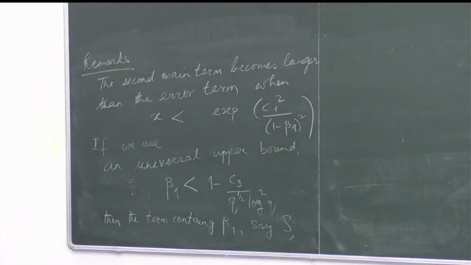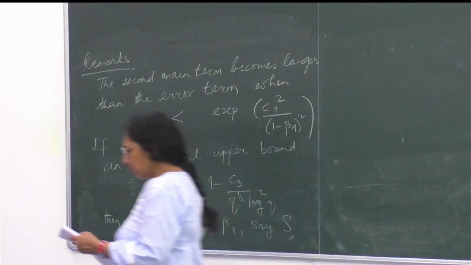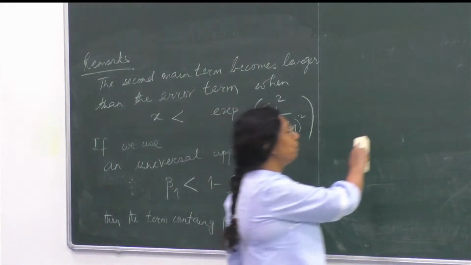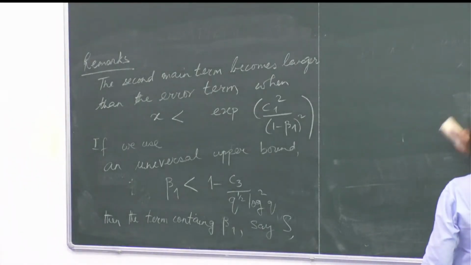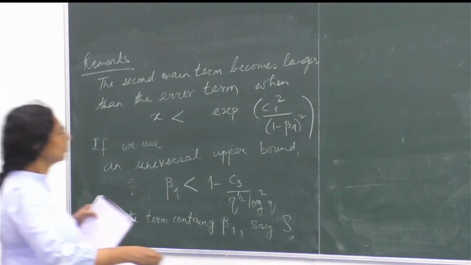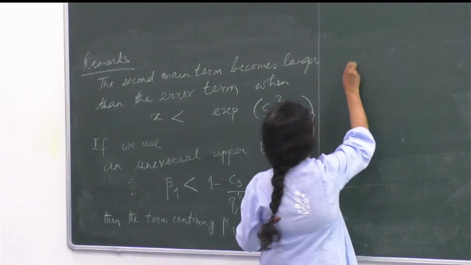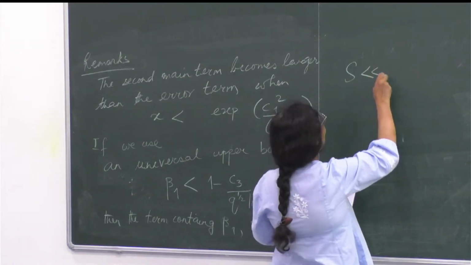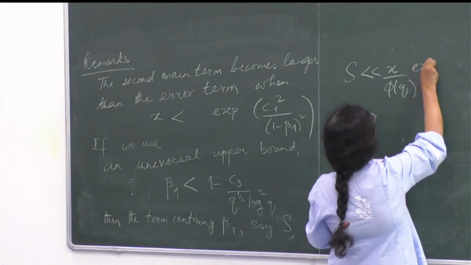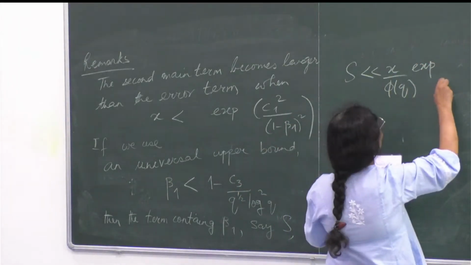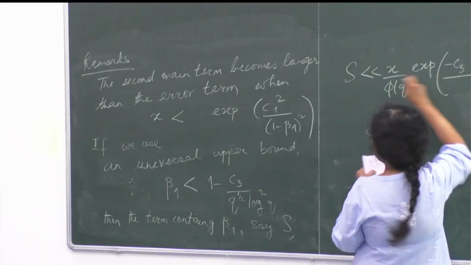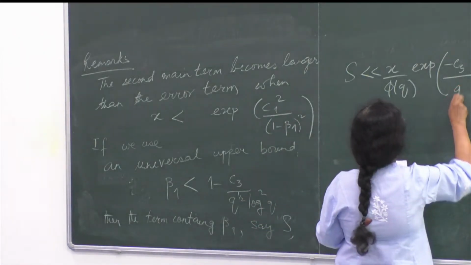This S is now bounded by, it's less than x by phi q exponential minus C3 log of x. That's the one, q to the power half log squared q.